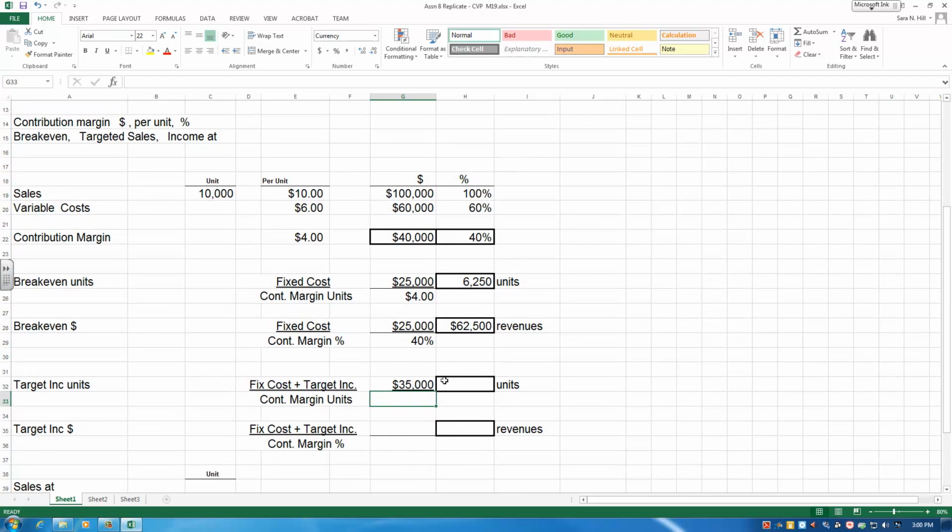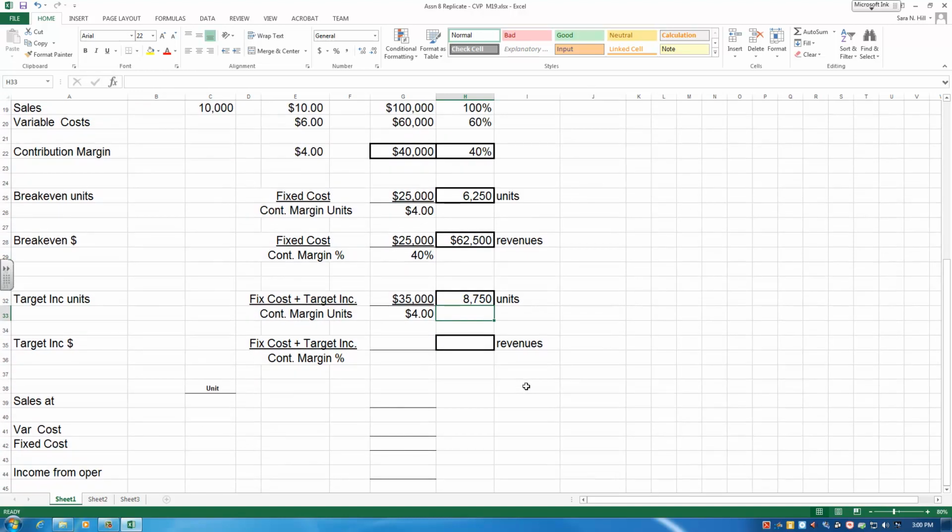I'm going to go ahead and grab that contribution margin per unit, build our formula, equals G32 divided by G33. Looks like we have to produce 8,750 units to sell in order to make that $10,000.